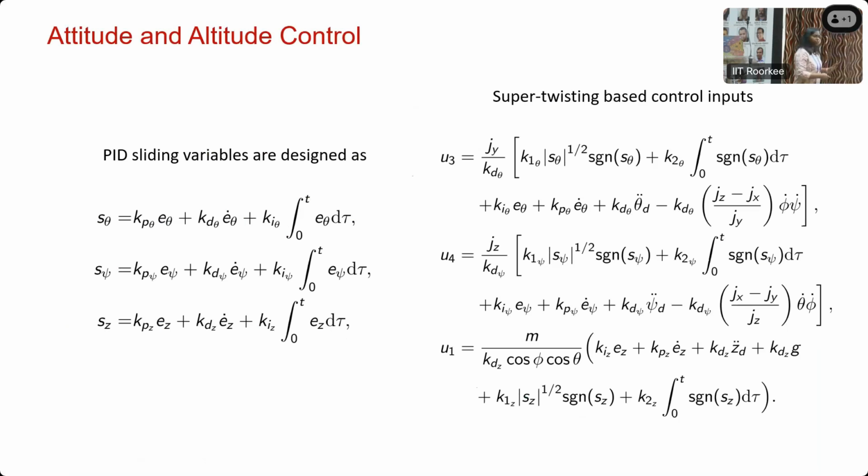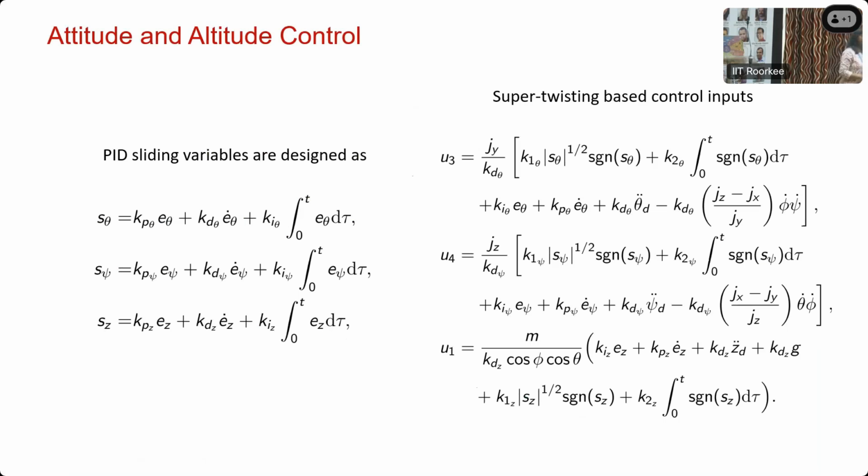Now, as I told, for tracking the desired trajectory, we will use the virtual control method. For that, first, as I told, we will assume there is a control input Ux and Uy in the system. I'll show where it is. And then assuming that, we can again give a PID sliding surface for the X and Y control. And then this is the major relationship between the virtual control Ux and Uy and the desired phi and theta.